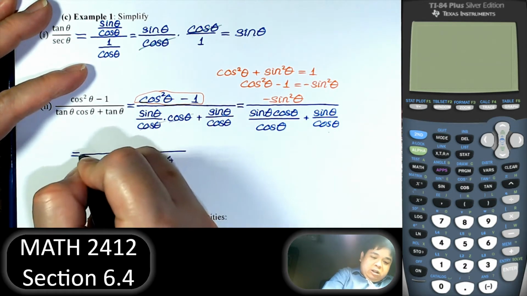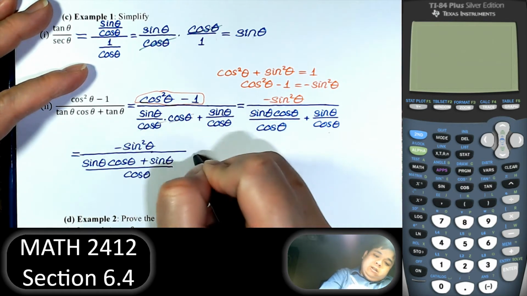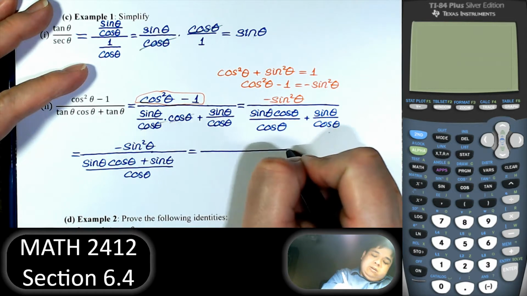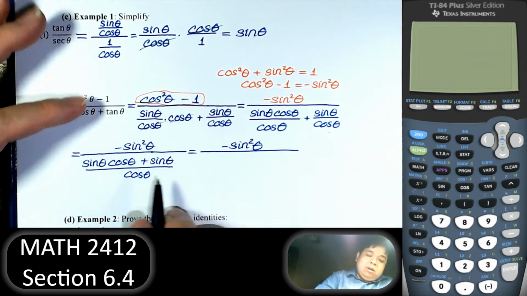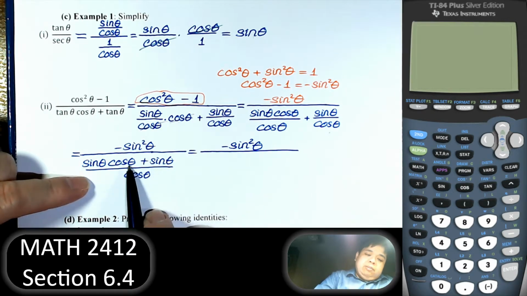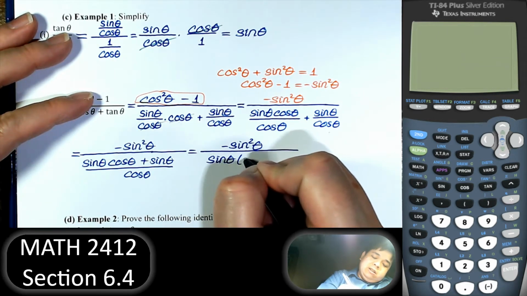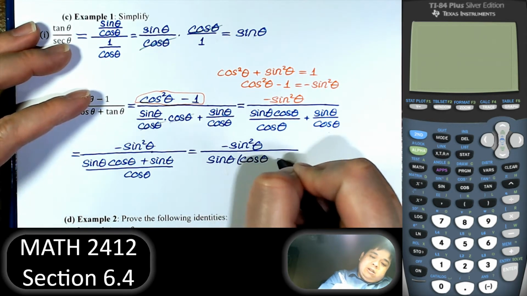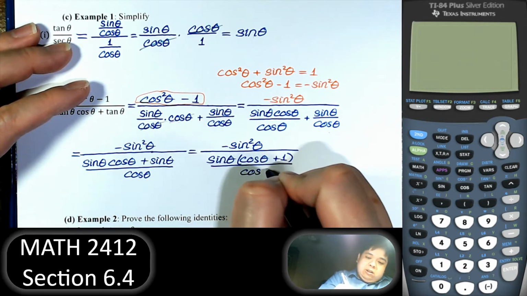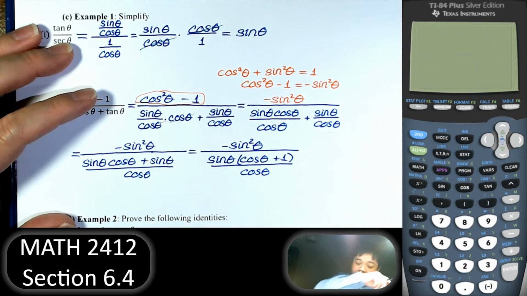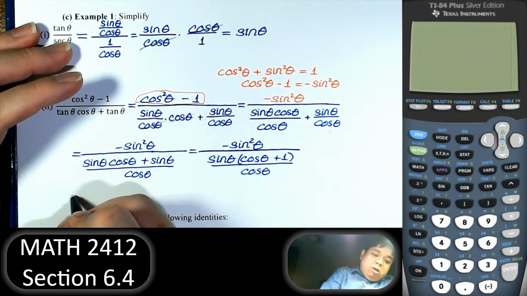The big fraction, the top will be negative sine squared. I can factor out the sine of theta, so I have cosine of theta plus 1 over cosine of theta. Dividing a fraction, notice this is a big fraction here, means multiplying by the reciprocal.